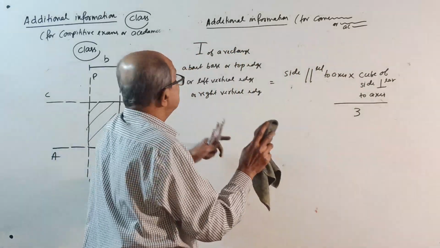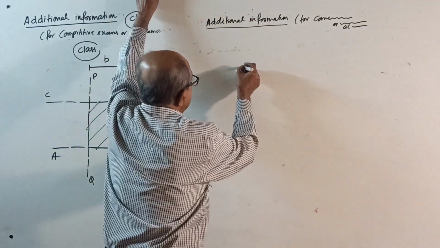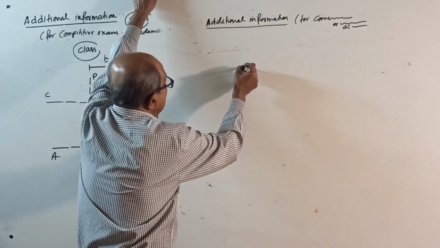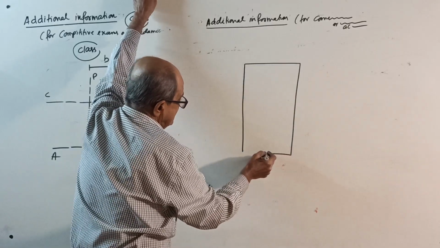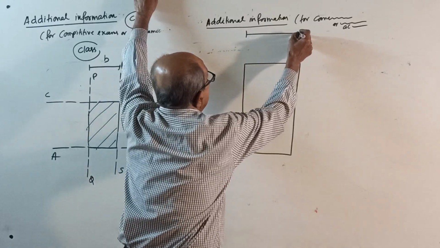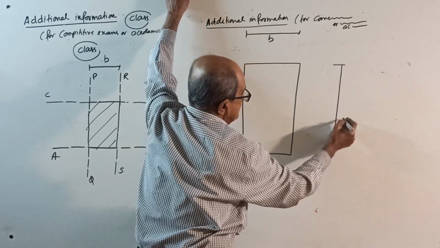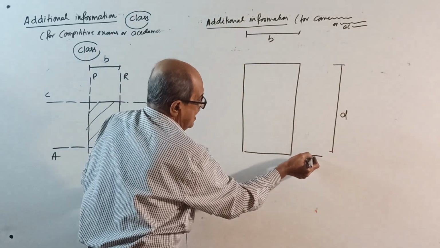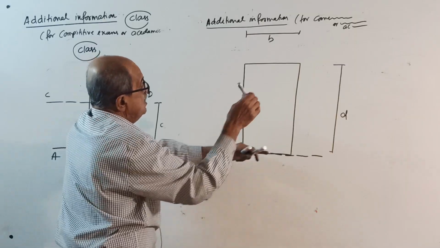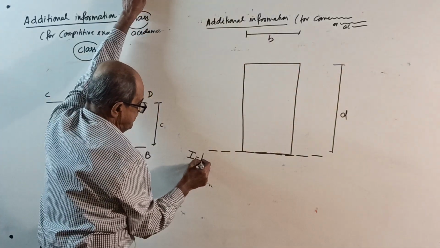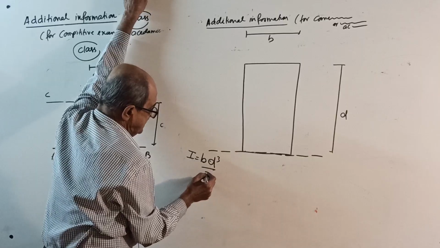This is not a standard case. Write this way. Therefore, write the final answer directly, without any ABC. If there is a rectangle here, and this is width B and this you take D, then I about this axis equals the side parallel, B, into the perpendicular side D cube divided by 3.